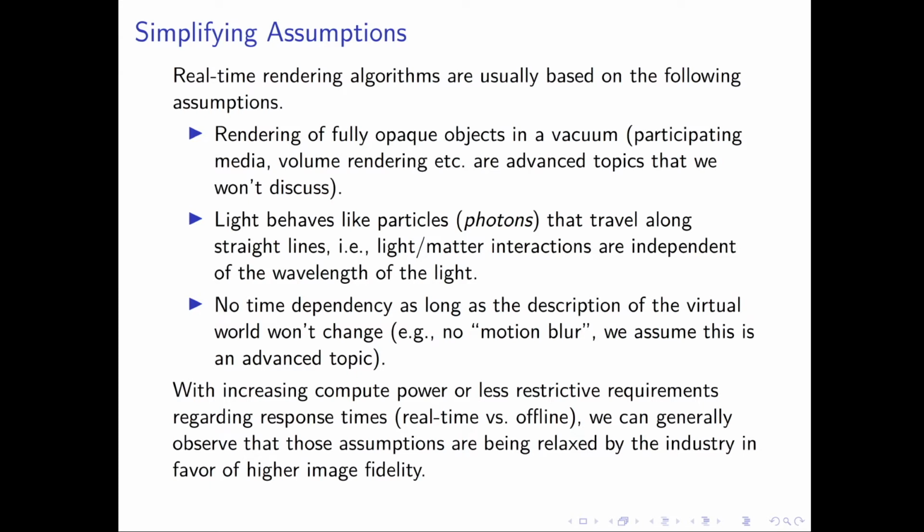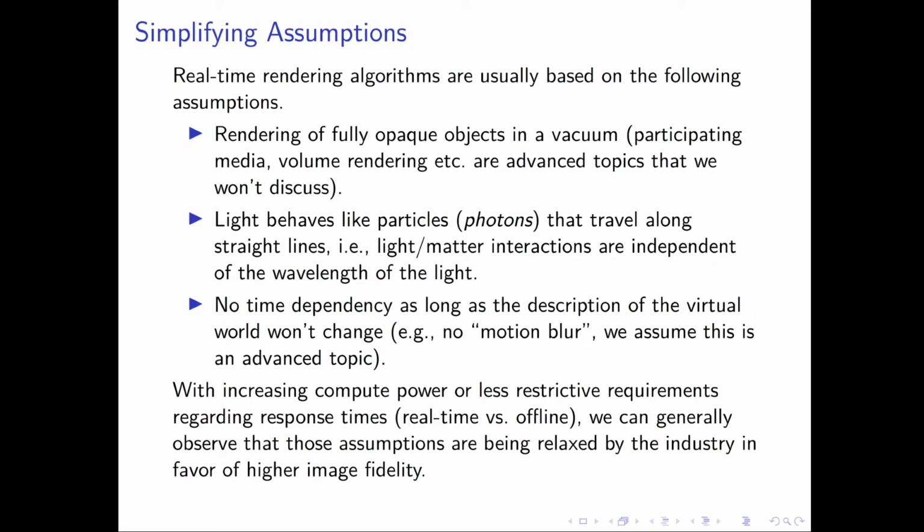And that means that objects at that time t are stationary. So, for example, we're not accounting for effects like motion blur, where you would have objects moving over time, averaging their contribution across the single time step that we're integrating for. Those are simplifying assumptions that people usually make for real-time performance.